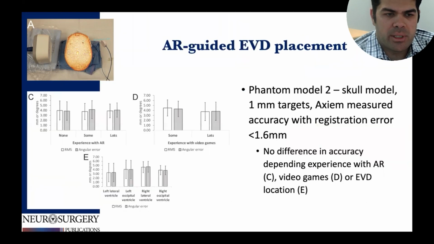We also looked at whether experience with augmented reality video games or the specific side or the site of the EVD had a role, and that showed no difference in any of these factors for affecting accuracy with EVD placement using augmented reality.